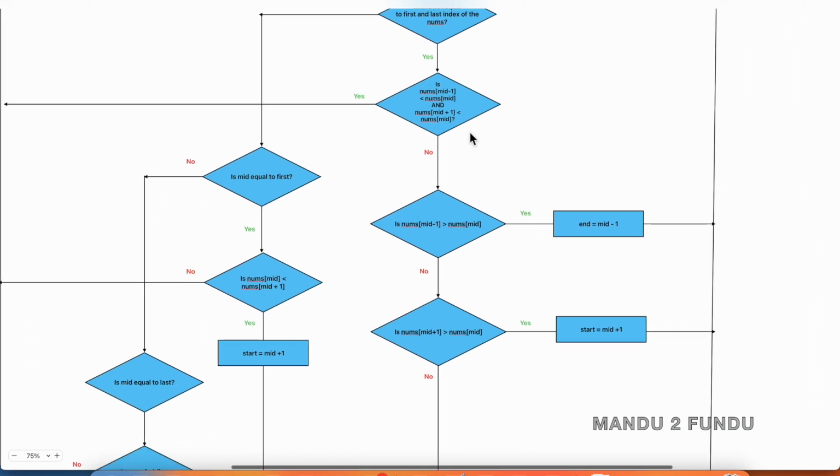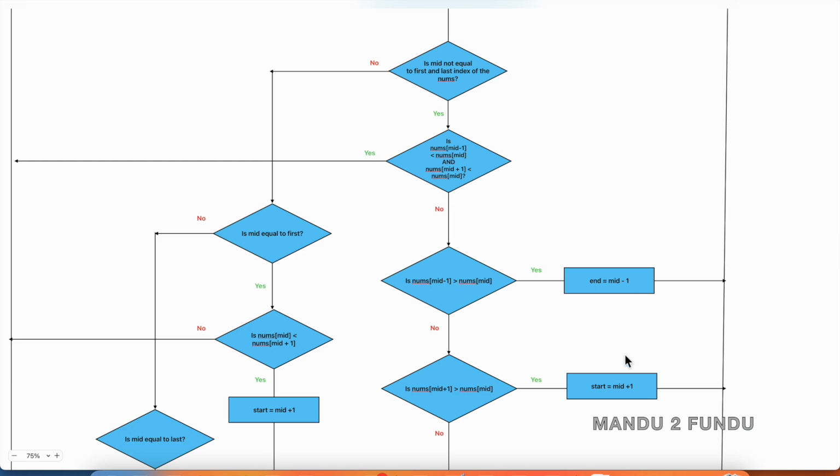Otherwise, we check which neighbor is greater. If the previous neighbor is greater than the mid element, then we update the end pointer with mid - 1. If the next neighbor is greater than the mid element, then we update the start pointer with mid + 1. Once this is updated, then we continue the search.